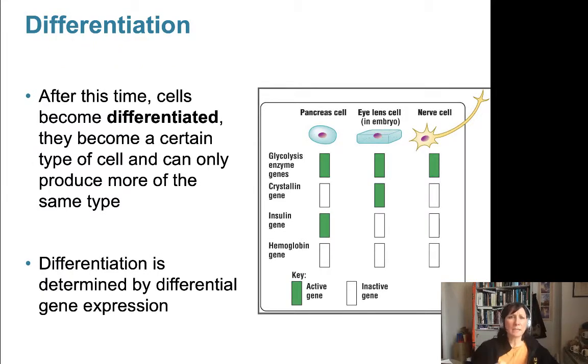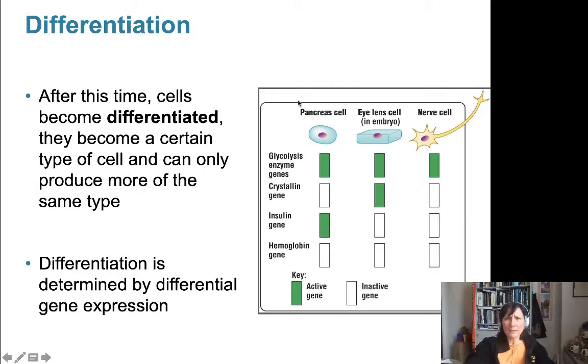After that point, the cells begin to differentiate, and that differentiation, so becoming a particular type of cell, say a pancreas cell or a skin cell or a muscle cell, a nerve cell, is controlled by genetic mechanisms. In other words, genes are turned on and are producing products, or they aren't.